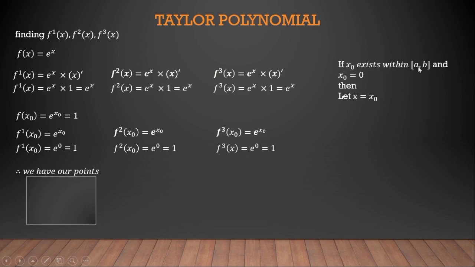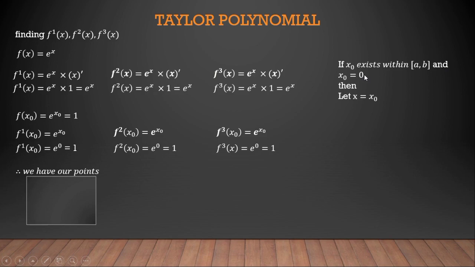So now, if x naught exists within the interval a comma b, then x naught equals 0. Then let x be equal to x naught. So basically, if we've been given the x naught value as 0, this is another Maclaurin series, so to say, because we have not been told to use a Maclaurin series, but we can be given that x naught is equal to 0.